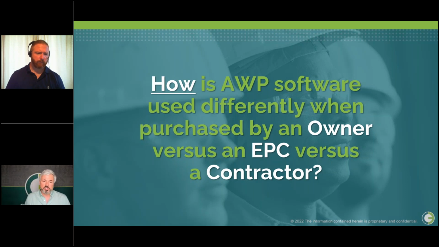When the contractor holds the software, its use is typically limited to their scope. So either the owner needs to employ a more collaborative contracting method and get the contractors in sooner, or AWP benefits in that case are limited just to work phase planning. So if the contractor's coming in and you're just doing work phase planning, those benefits are limited just to work phase planning. The ideal scenario is you've got AWP and the technology across the entire project lifecycle.